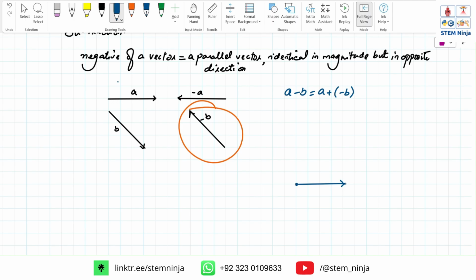So minus B goes this way. So this is your minus B. So the final displacement would be this, A minus B. This is your resultant vector. This is how we deal with vector subtraction.